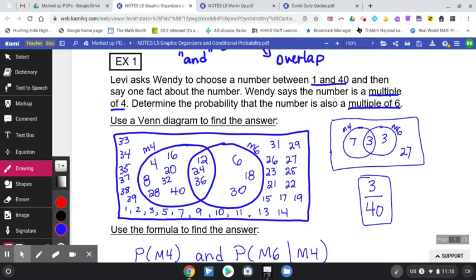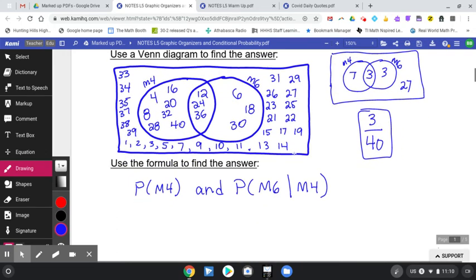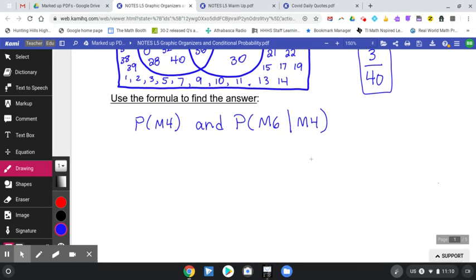So if I go in the multiple of 4 circle and count, or even over here and add them up, there are 10 elements out of 40 that are multiples of 4. But like I said, figuring that part out would be tricky without your Venn diagram. And means multiply. Now this is the tricky part.